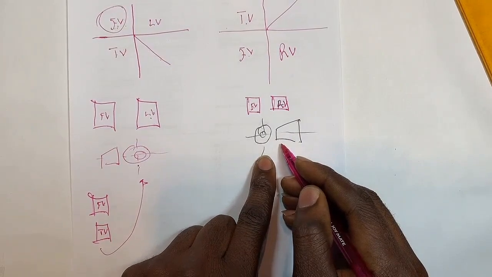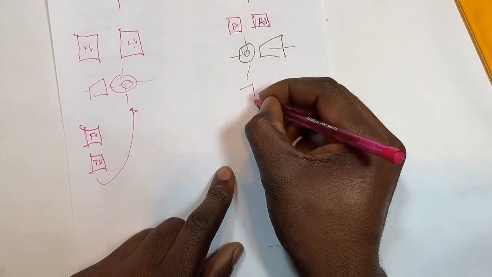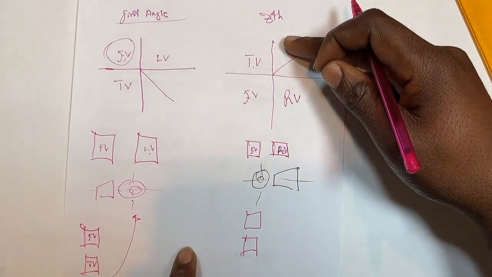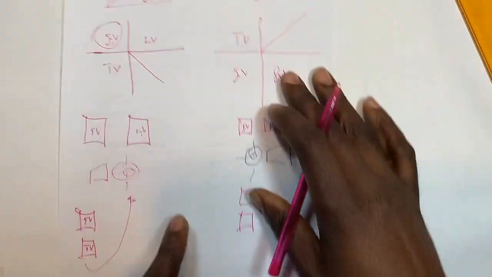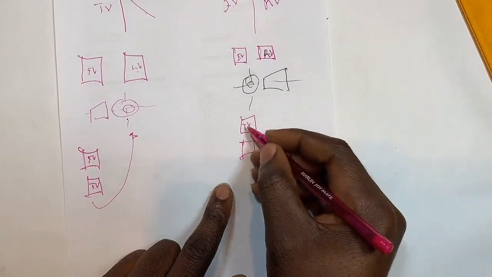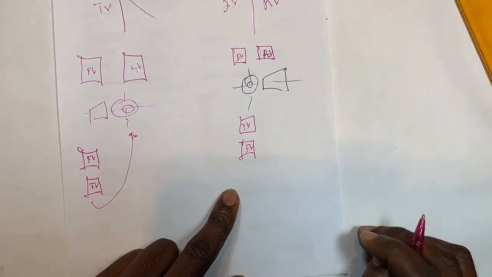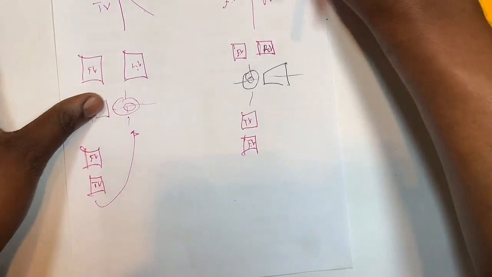Again, should you be given views on top of each other? Again, understand the formula of orthographic projection. What is on top of each other like this, which means this one is going to be your TV, television, top view. This one is a front view. You understand? So when you now draw, you don't just draw any view wherever you like.